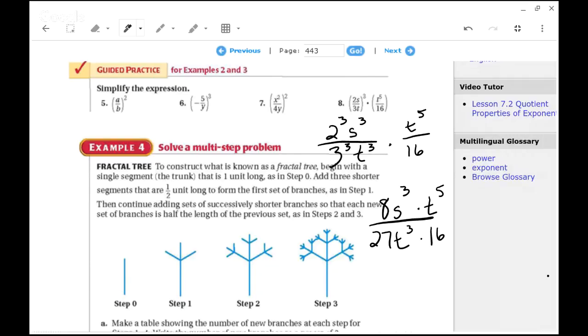All right, so now I'm going to bring this 16 to the front, just so that you can see that you would multiply those on the bottom. Kind of line up my coefficients.